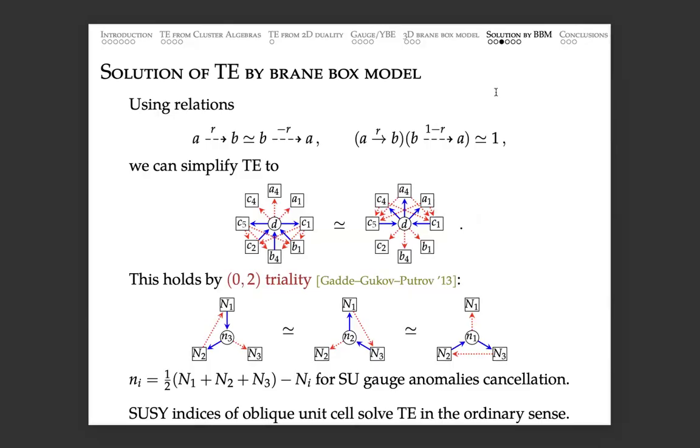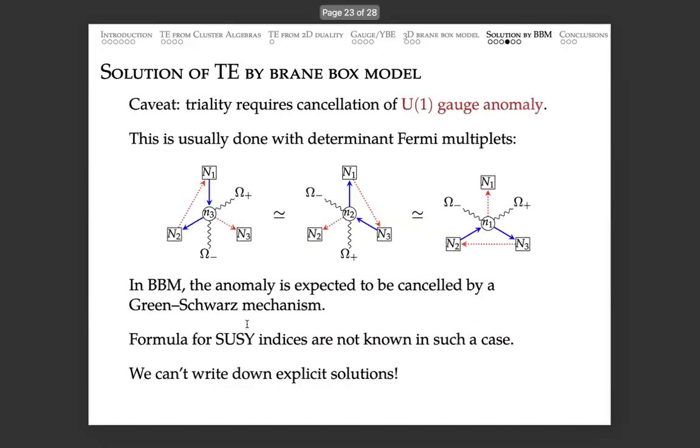From now on, what I would like to do is to actually calculate some quantity in these theories, and that will give you ordinary solutions of the tetrahedron equation. But there's a catch, a caveat. Triality of these two-dimensional theories requires cancellation of something called U(1) gauge anomalies.